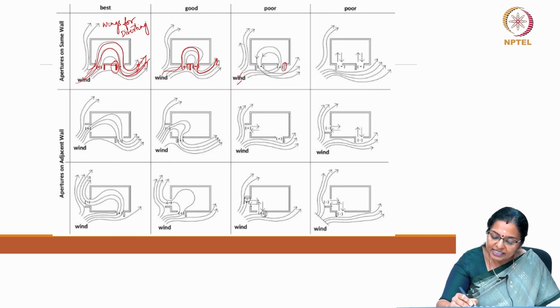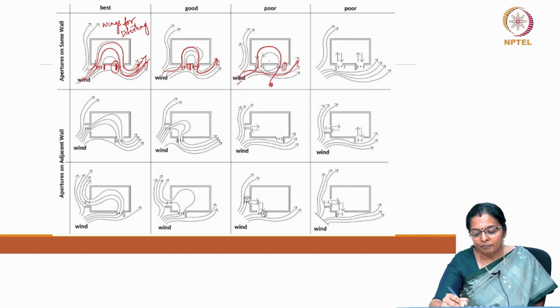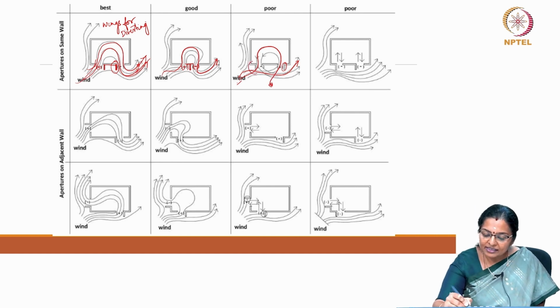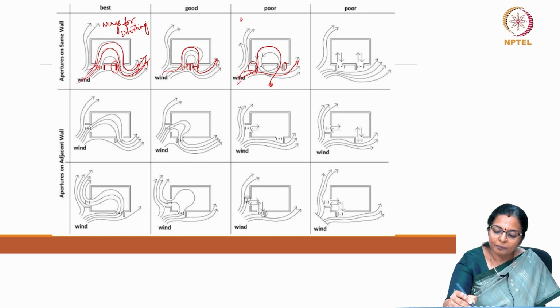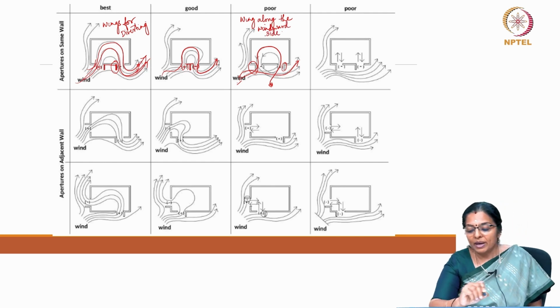We want to facilitate the wind to go inside and come out, and having the wing along the windward side makes it a very poor design.